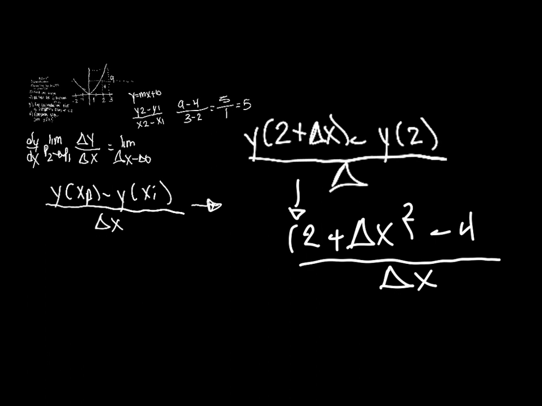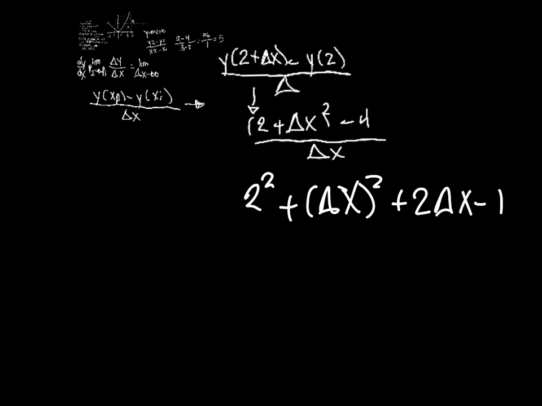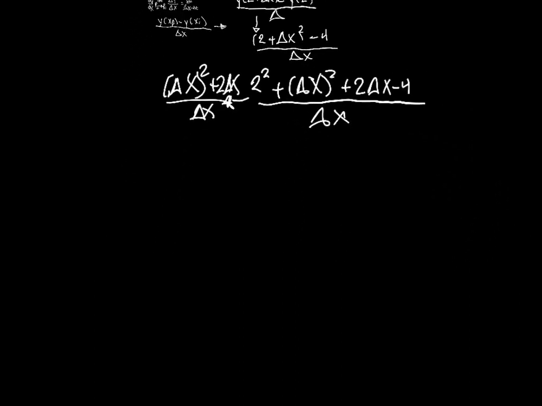And we can simplify this. That gives 4 plus 4 delta x plus delta x squared minus 4 over delta x, which can then go to delta x times (4 plus delta x) over delta x, where as you see here we can cancel the delta x completely using algebra, to equate to the limit being 4 plus delta x.